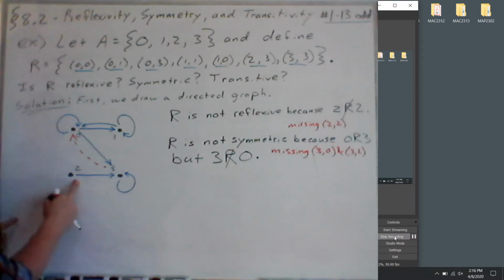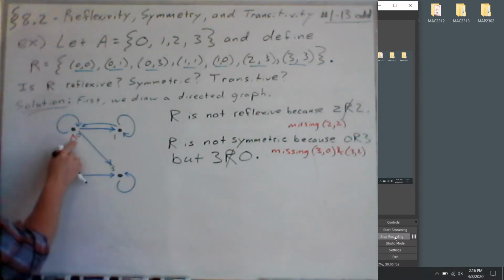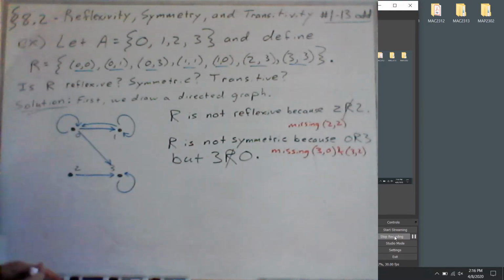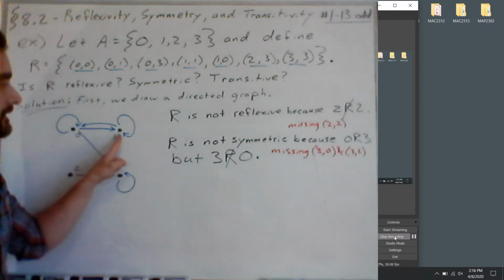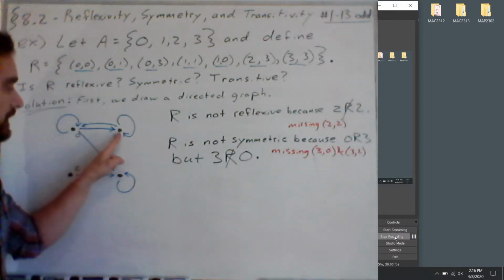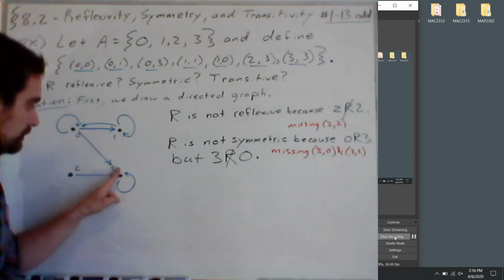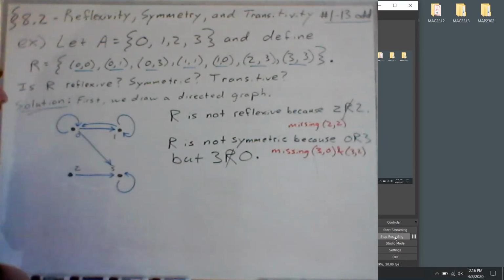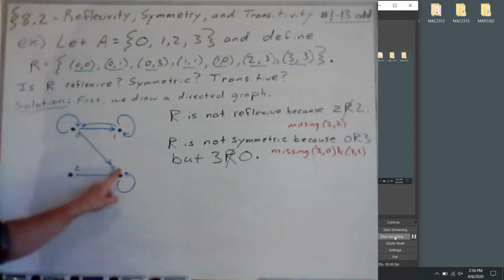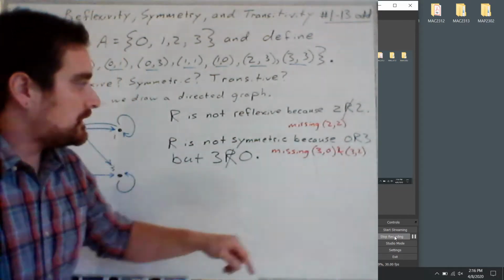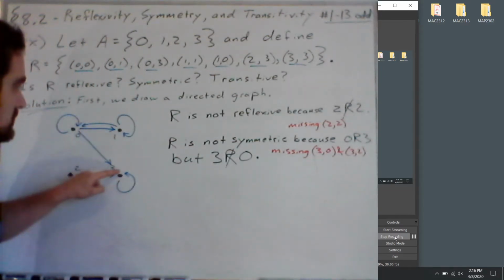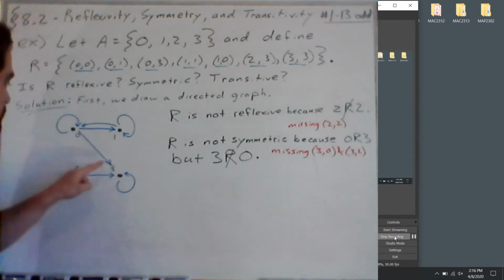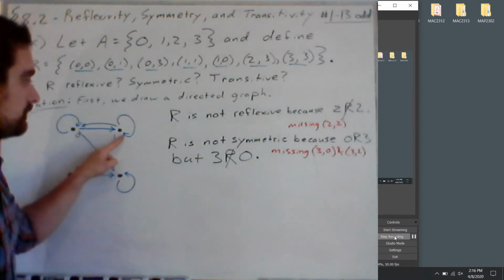All right, one thing to note is that 3, 1 is also missing, but it's okay because 1 doesn't relate to 3, so we don't have to worry about 3 relating back to 1. Right? So you're saying, well, 3, 0 is not there, 3, 2 is not there. Isn't it also missing 3, 1? It doesn't have 3, 0, it doesn't have 3, 2, it doesn't have 3, 1 either.